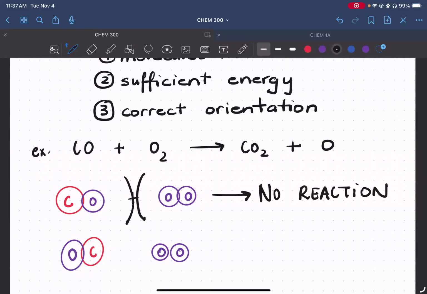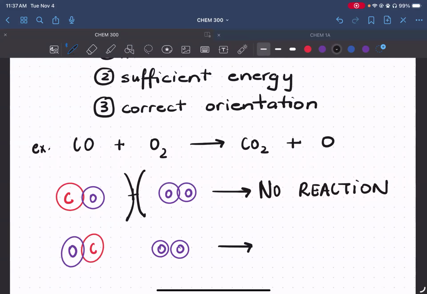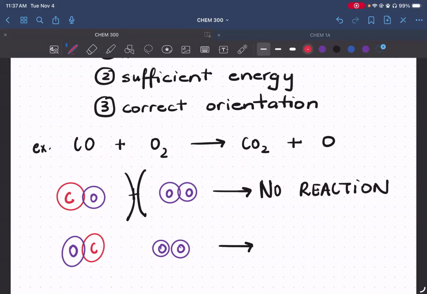All of a sudden, these molecules are correctly, or at least appropriately, oriented such that they're able to achieve a head-on collision, such that we do form our CO2 and just a plain oxygen atom left over. Sorry, I mixed up the colors.